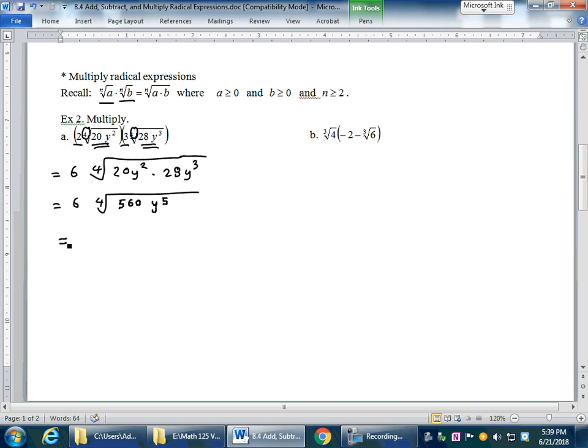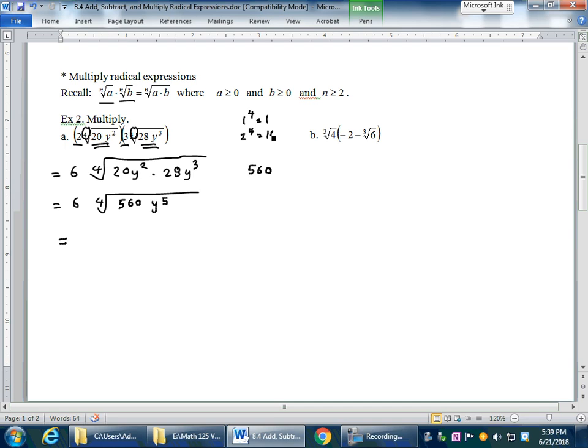Now let's try to break down this 560, the way that I taught you before. So first you're going to think about 1 to the 4th power, right? We want to look at the perfect 4th power numbers. So 1 to the 4th power is 1. That's not going to do any good for us. 2 to the 4th power is 16. Right? So now I have to think about whether 16 is a perfect 4th factor for this 560 or not.